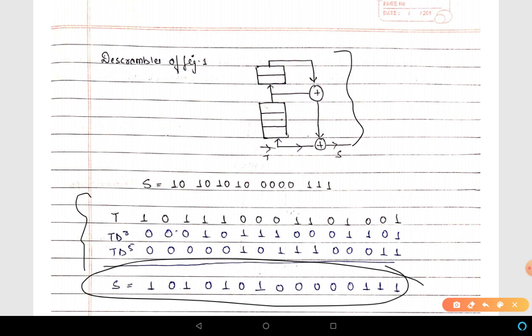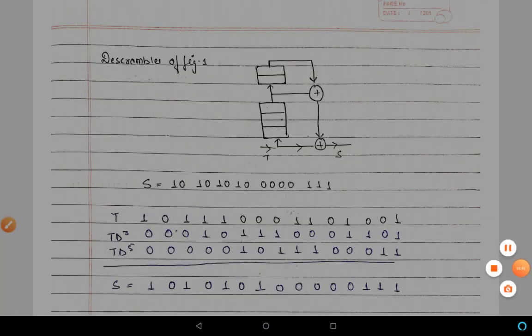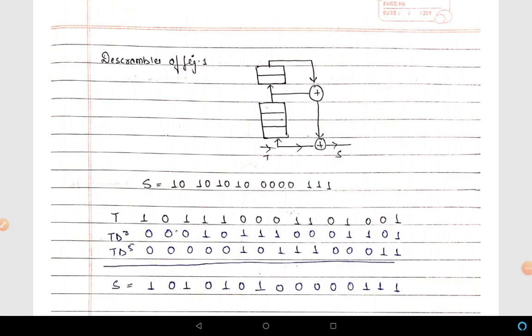The question was: for a given F, design the Scrambler, find the output of the Scrambler, apply the output to the Descrambler. So for that we have to design the Descrambler first, and then we have to show that the output of the Descrambler is the same as the sequence S. This is what we have proved here. This is how designing of Scrambler and Descrambler is done.